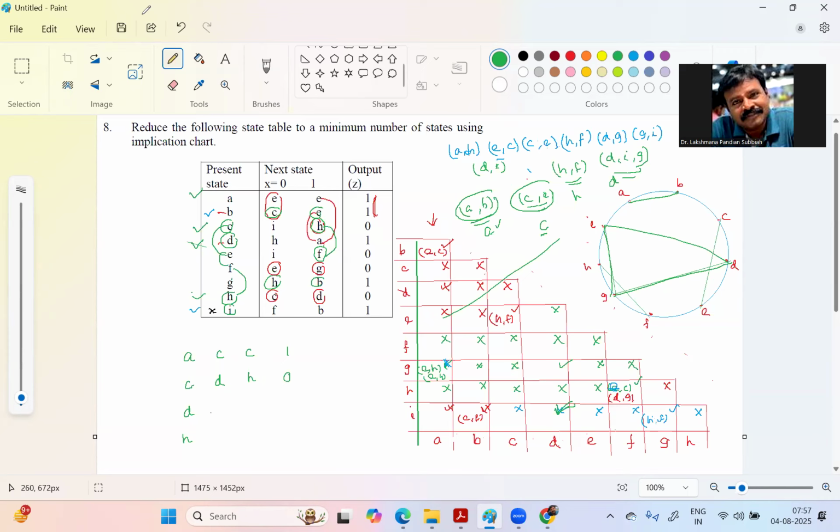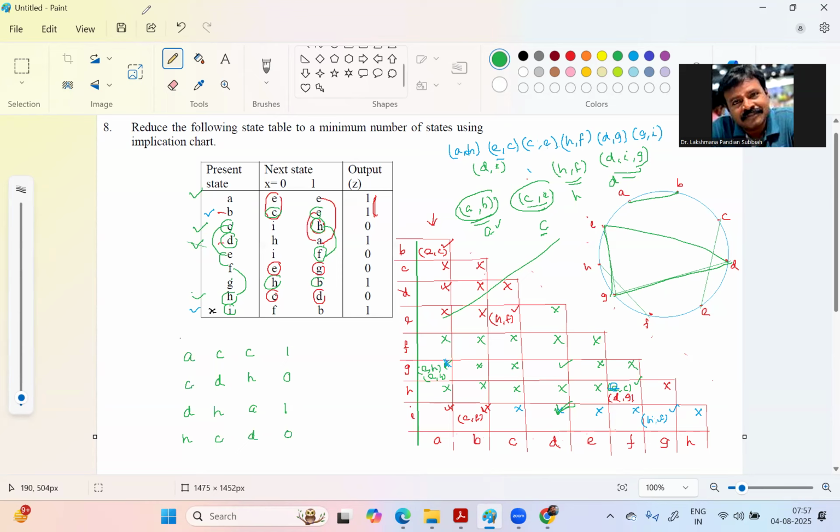Then D goes to H. Then D goes to E, and the output is 1. Then from H, it goes to C and it goes to D. So the output for H is 0.